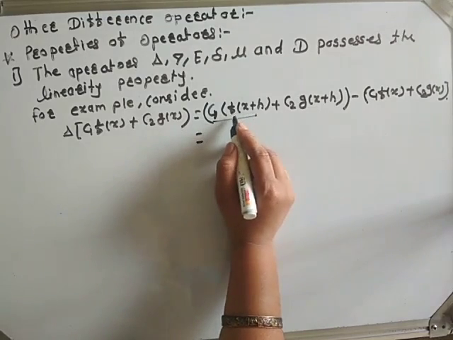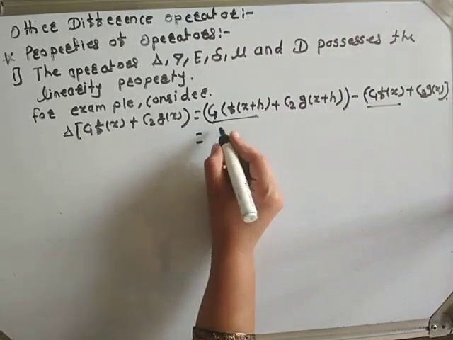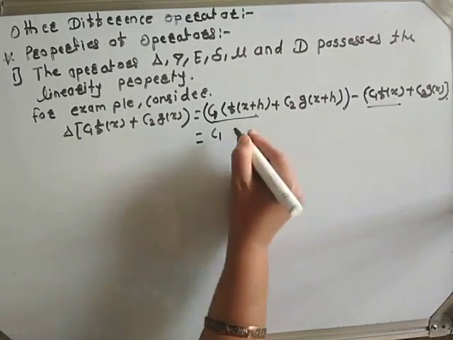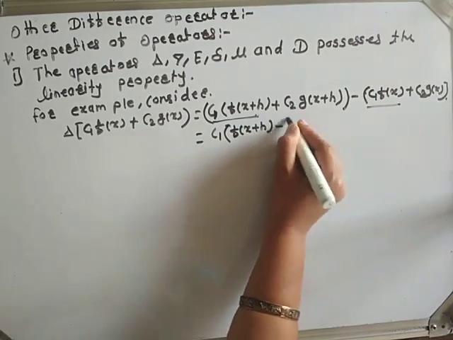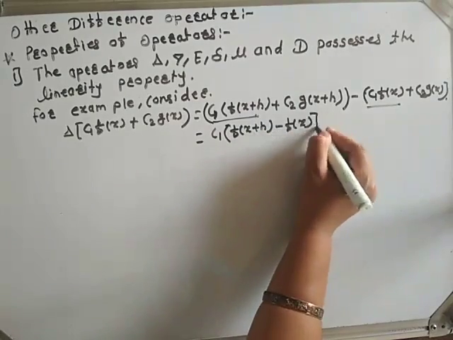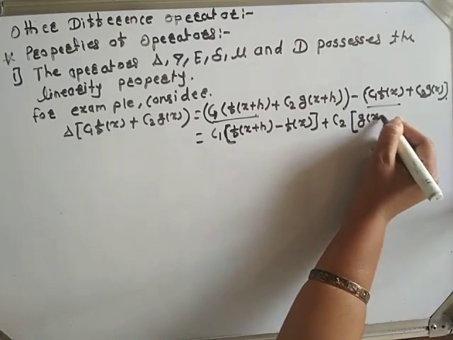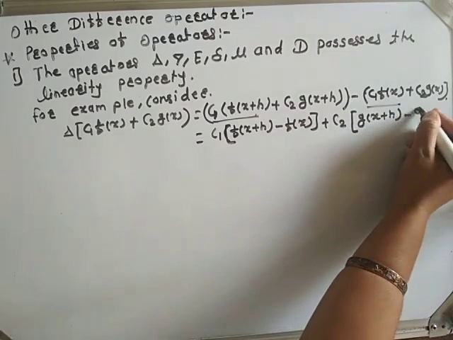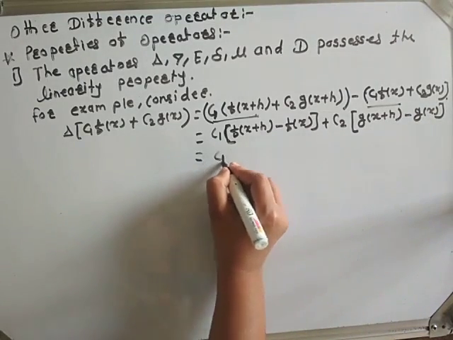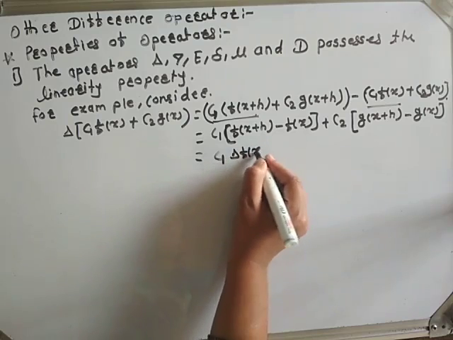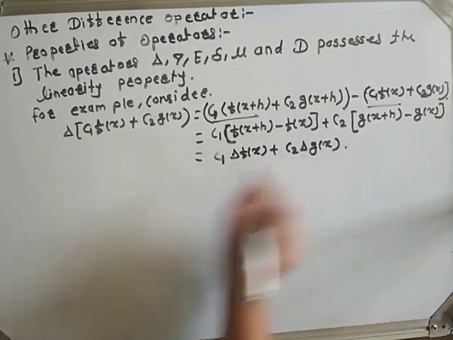Which is equal to, observe this here, in this term and in this term C1 is common, so take it outside. C1 into f of x plus h minus f of x, okay, plus C2 into g of x plus h minus g of x, okay, which is equal to C1 into delta f of x plus C2 into delta g of x.